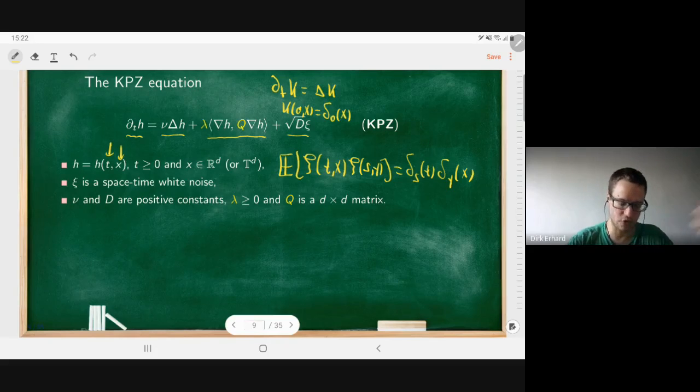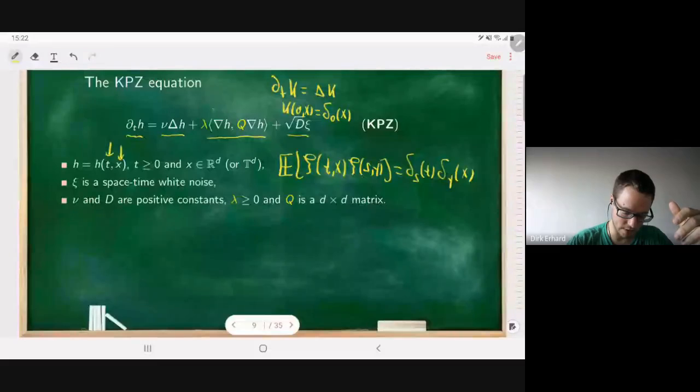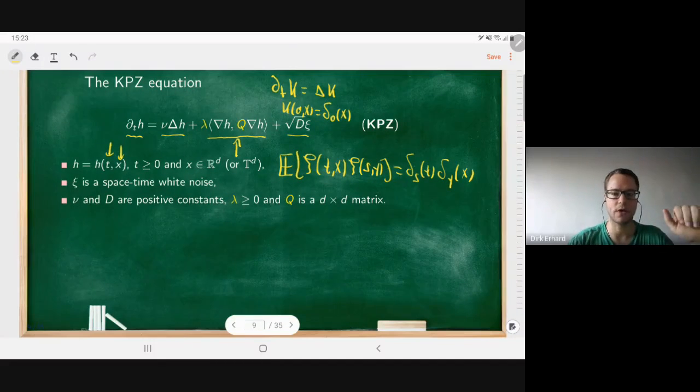And last but not least, the non-linearity. It's this term here, where the gradient appears twice. So if we think again, what was the gradient of the function geometrically? The gradient of the function h at a certain point x always points in the direction of the strongest increase. So in other words, the gradient gives you some idea of the slope.